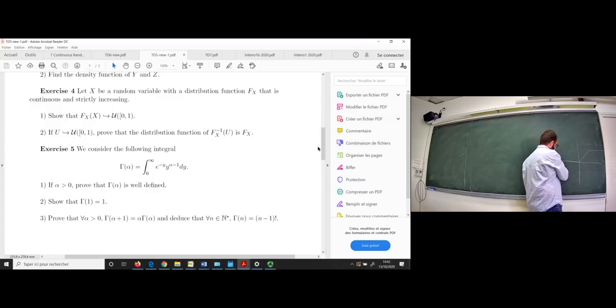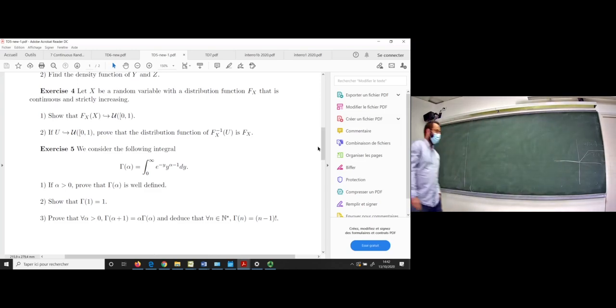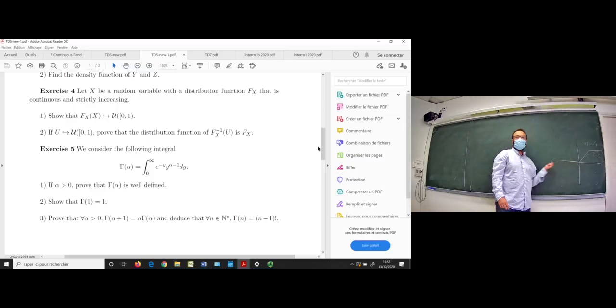If I draw, well, it's not perfect, something like this. Here again, I am not strictly increasing because negative values are 0, all of them. And you have the Gaussian.